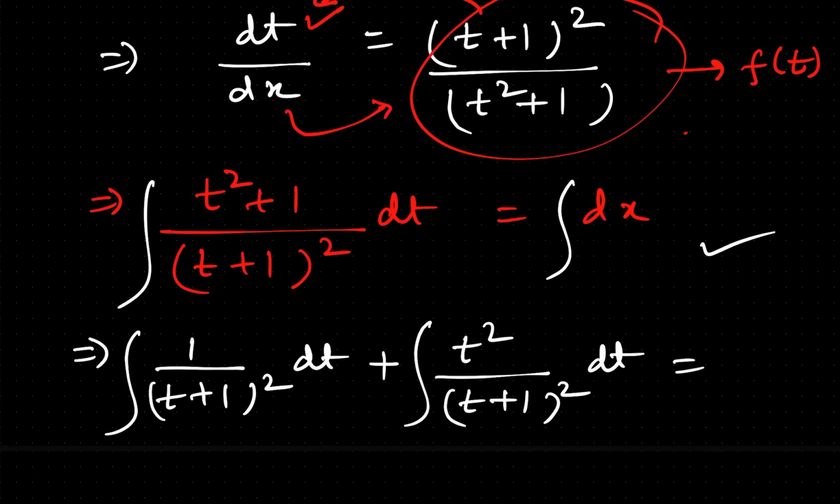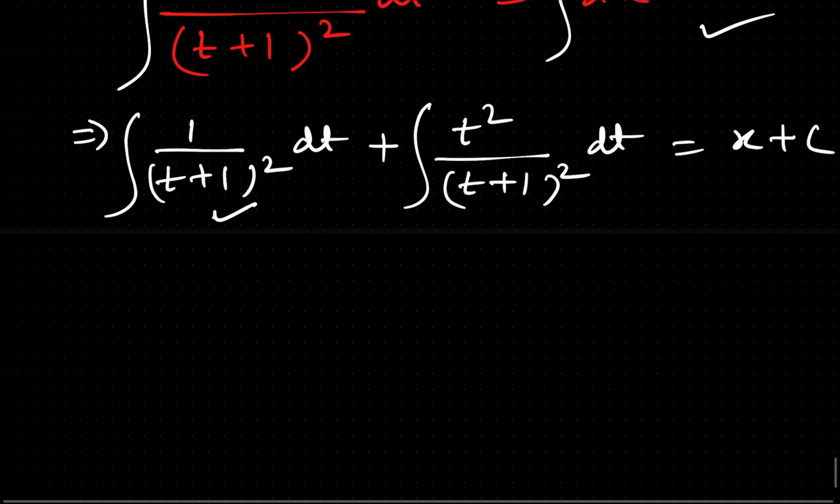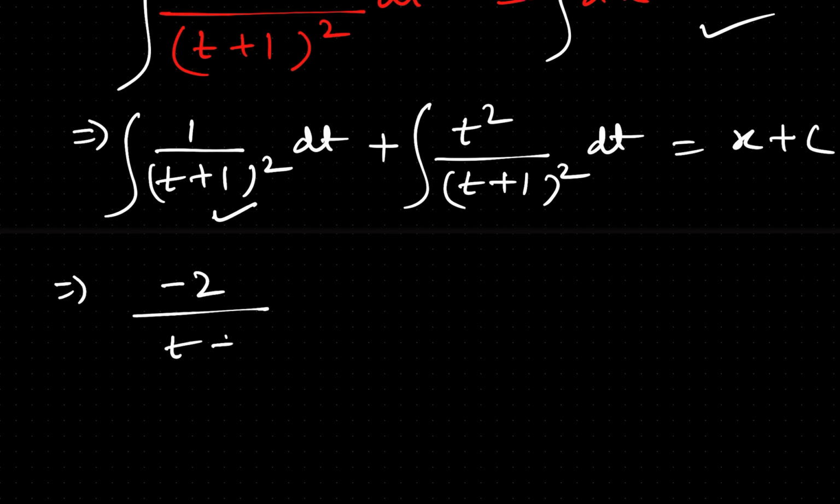This side you will get x plus c. So this is also easy, no need to worry, because it will simply give you minus 2 by t plus 1, simple, because we are using this formula of integration.